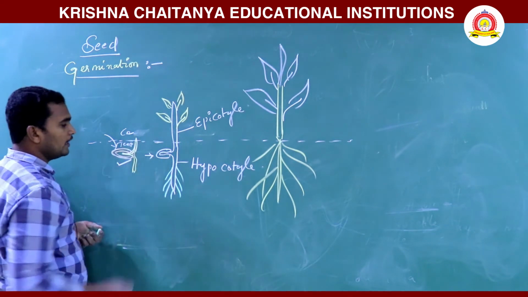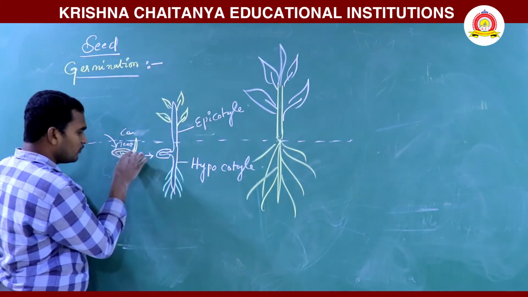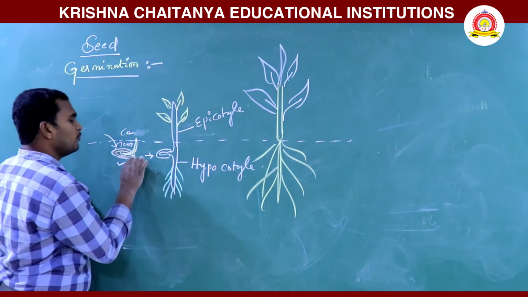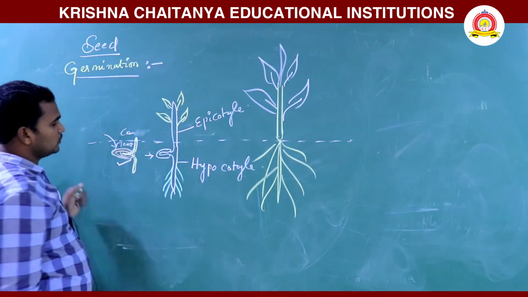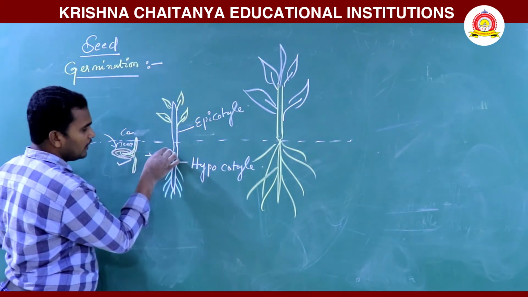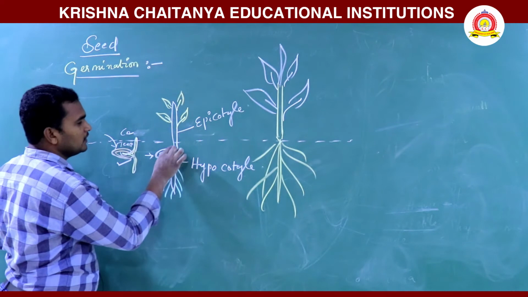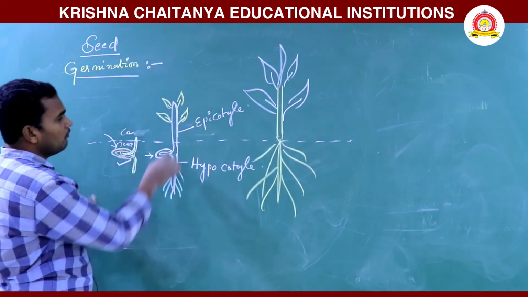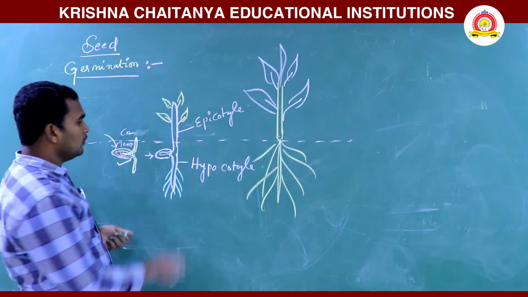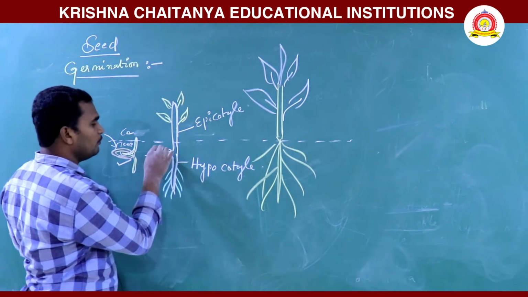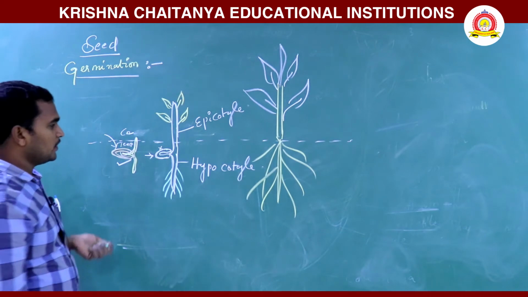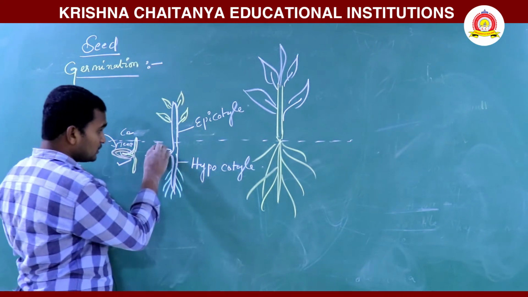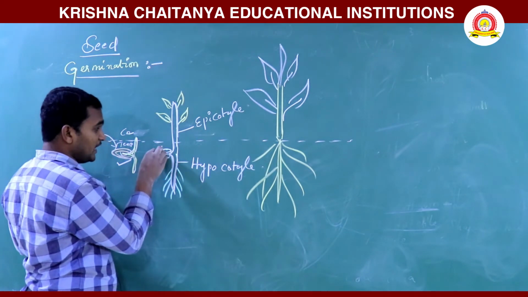The cotyledons contain food, and utilizing that food, the root and shoot system are developed. Then the cotyledons are completely utilized. When leaves are produced, the endosperm is already completely utilized.